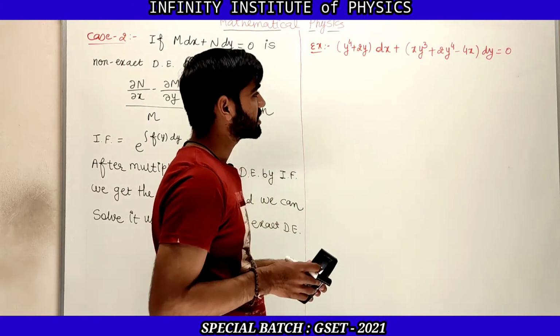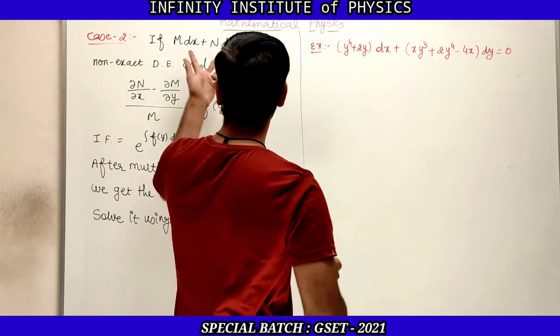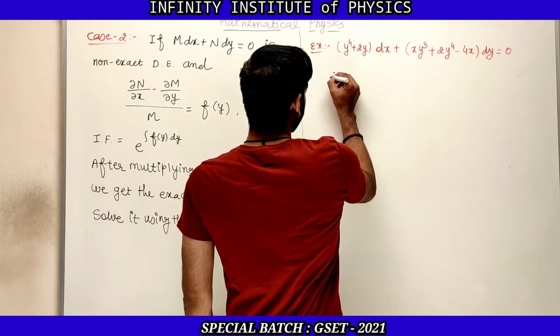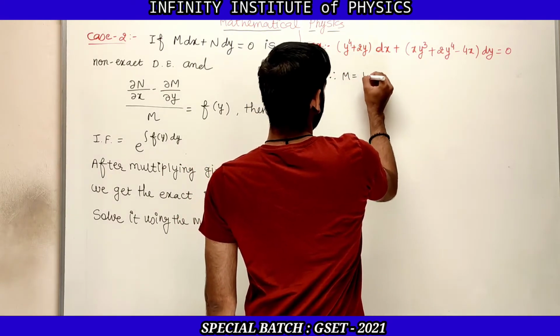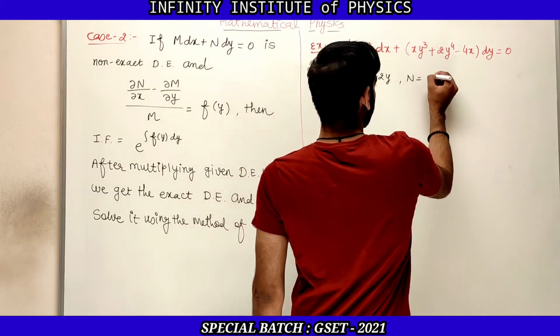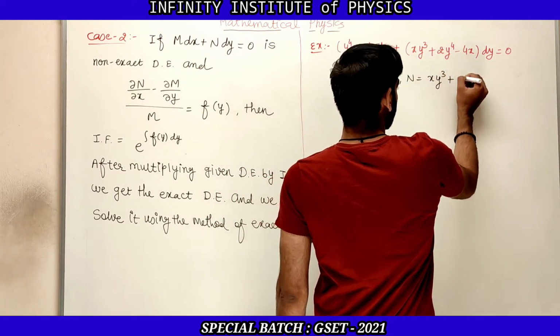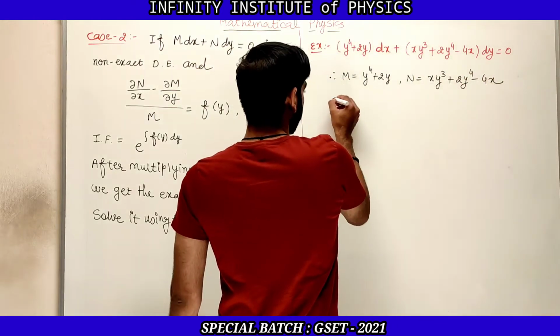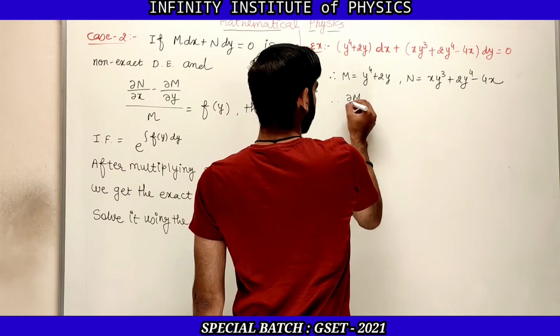First of all, let us compare this given differential equation with m dx plus n dy. Therefore m is equal to y raised to 4 plus 2y, and n is equal to xy cube plus 2y raised to 4 minus 4x. Let us find del m by del y.